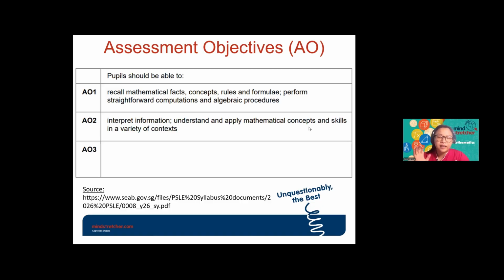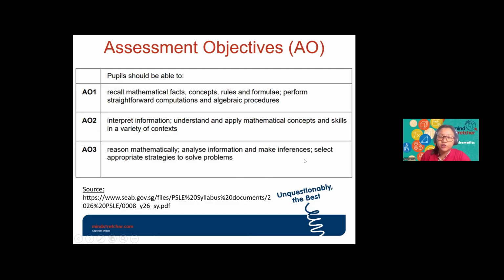All right, these are your AO2 and your AO3 questions. AO3 questions usually are not so straightforward. You need to read the information carefully, and you need to do some kind of analyzing. It could be they give you a line graph and a table, and you are supposed to analyze the information from the line graph and table and answer the questions that follow.